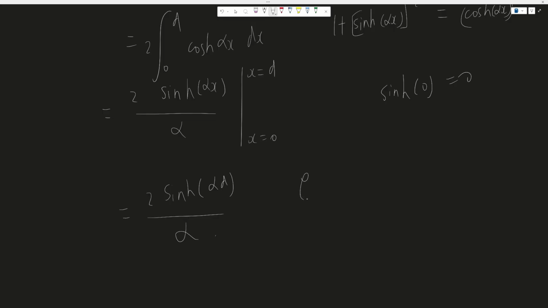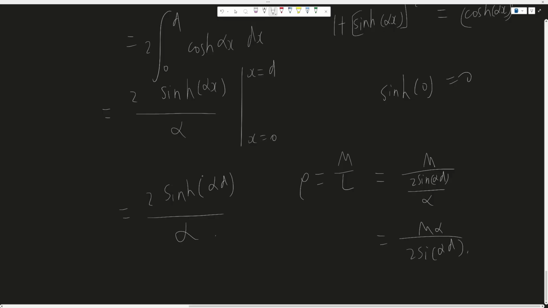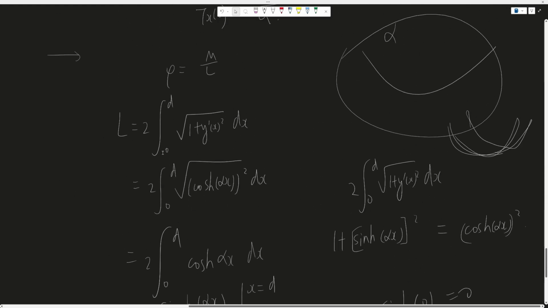And then recall that rho is m over L. It's basically m over this thing here, 2 hyperbolic sine alpha d over alpha, which is m alpha over 2 hyperbolic sine alpha d. And that's great, so it cancels one of the alphas.